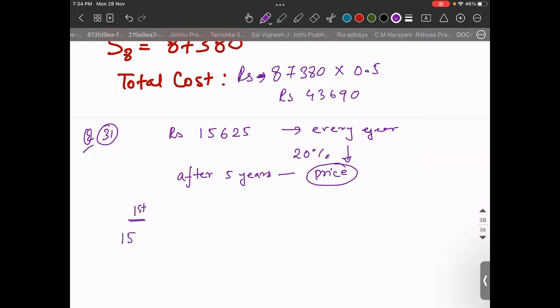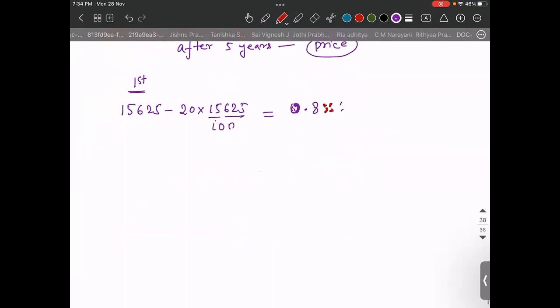So 15625 minus 20% of it, into 80 by 100. See, 20% is getting decreased. So minus 20 into 15625 upon 100. That means you can also write this as 0.8 times of 15625.